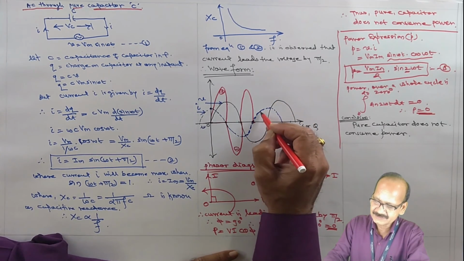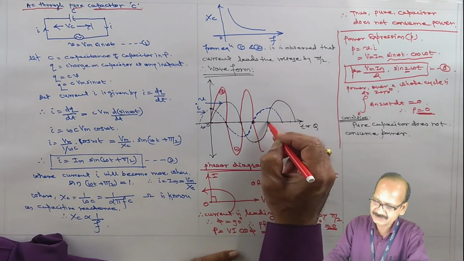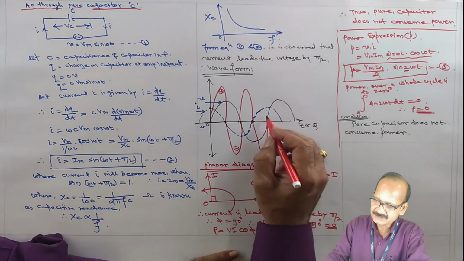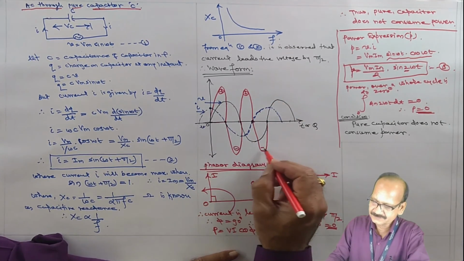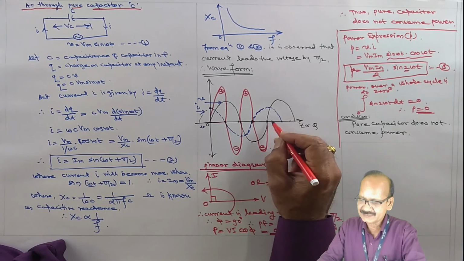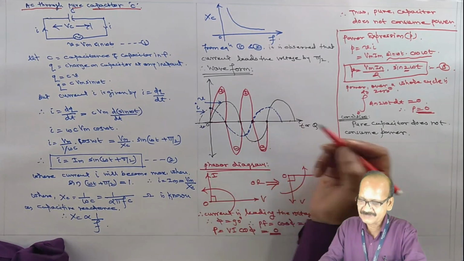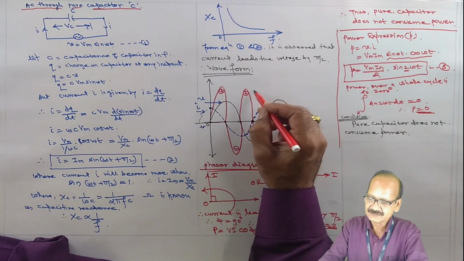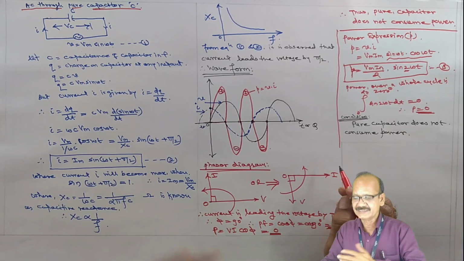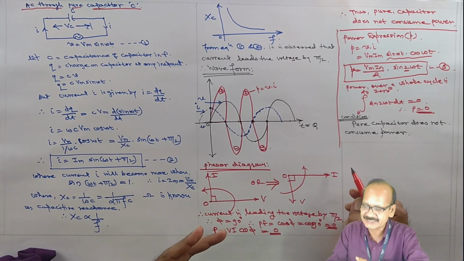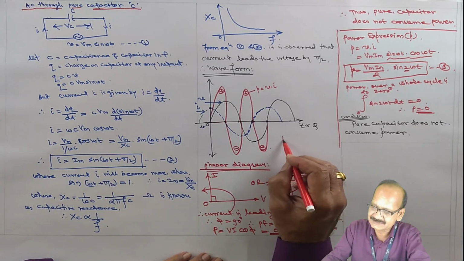And here the current is positive whereas voltage is negative, therefore their product is negative. So here also, when the voltage completes one cycle, the power waveform completes two cycles, and it has equal positive and negative halves, and therefore power over a complete cycle is 0.